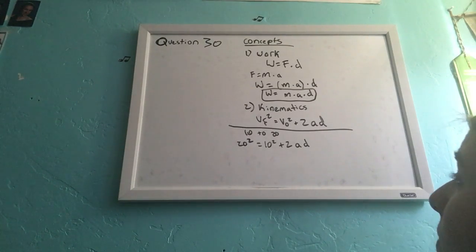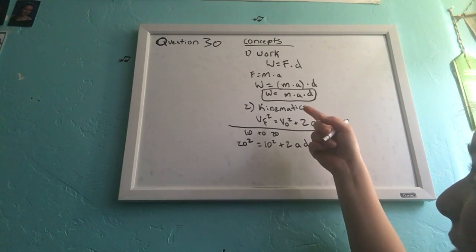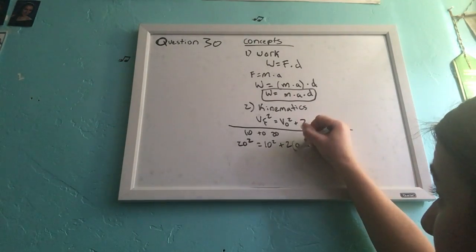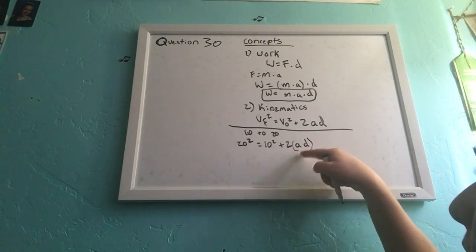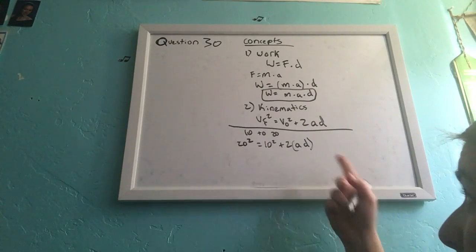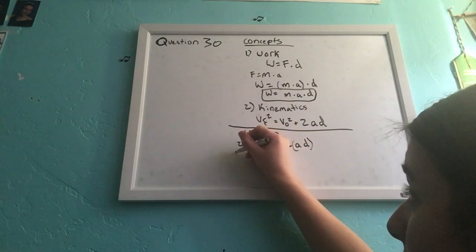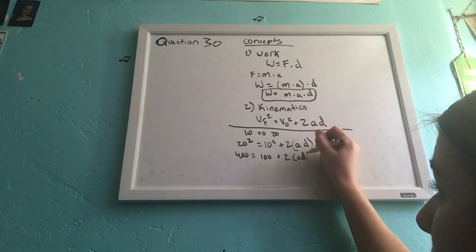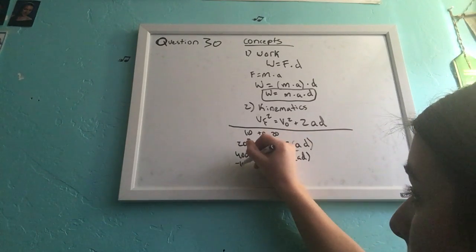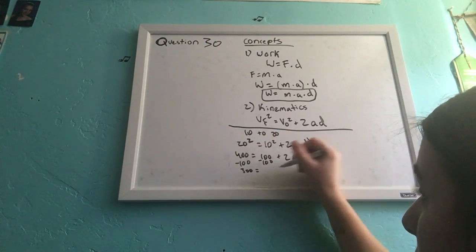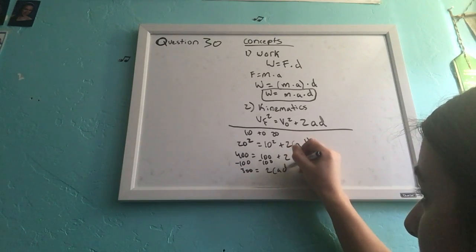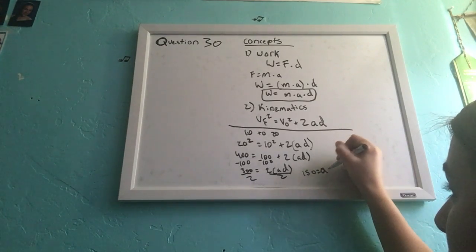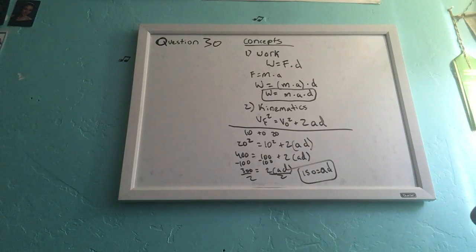Now, as I've shown above, work is equal to mass times acceleration times distance, so this is what I'm solving for. This will give me work. So 20 squared is 400 equals 100 plus 2AD. I subtract and get 300 equals 2AD, divide by 2, and I get 150 equals AD. So that's the work from 10 to 20.